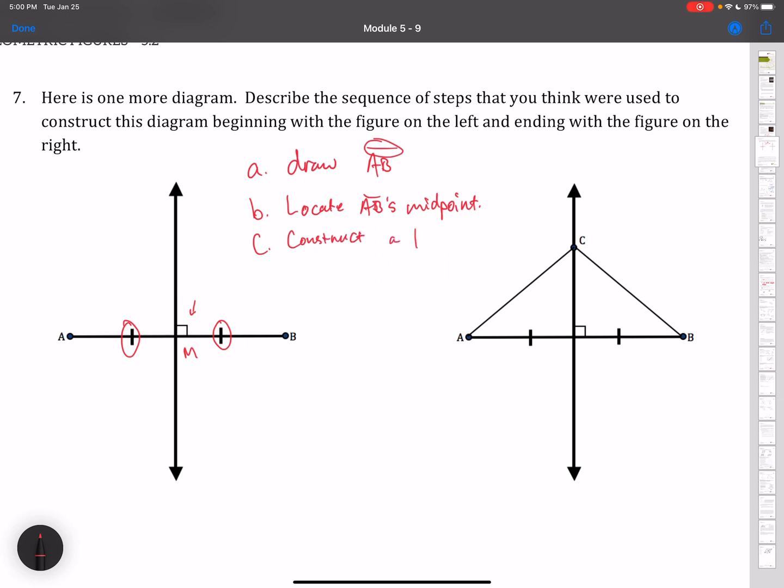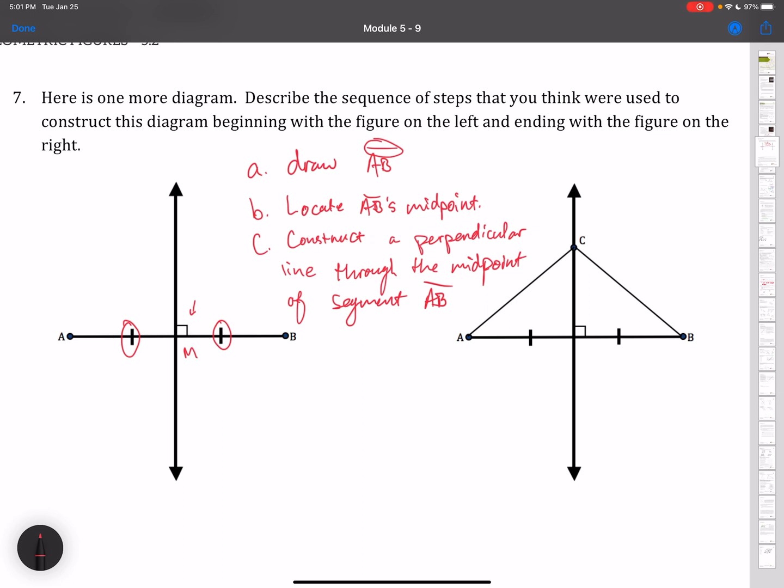Construct a line, a perpendicular line through the midpoint of segment AB. So that perpendicular line is drawn through that midpoint.